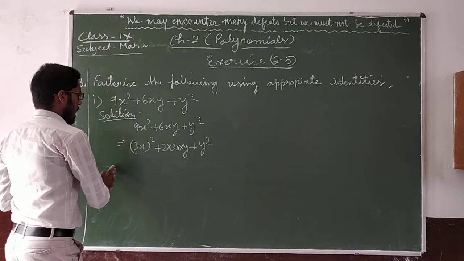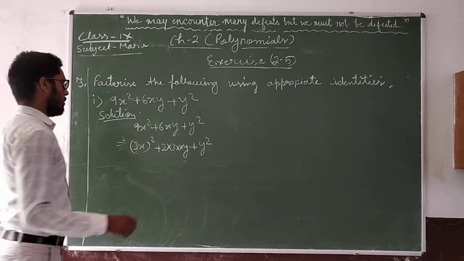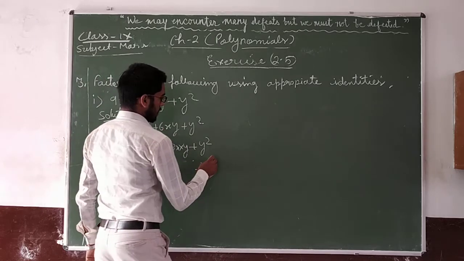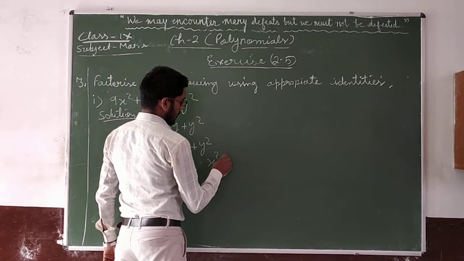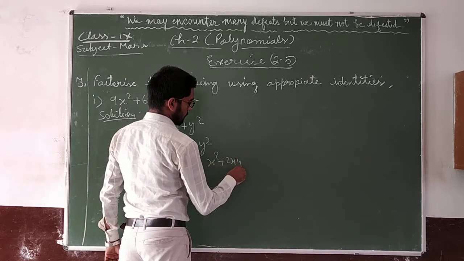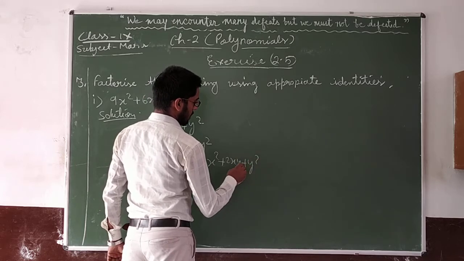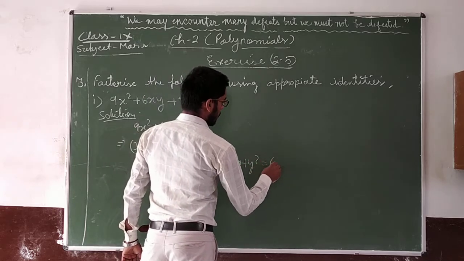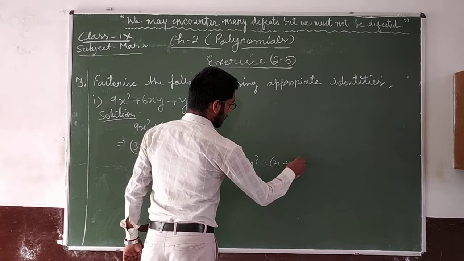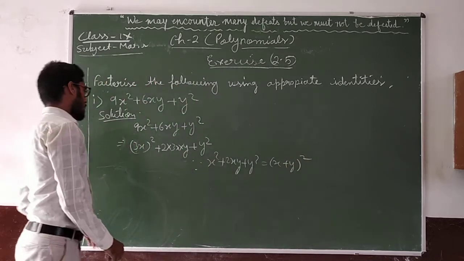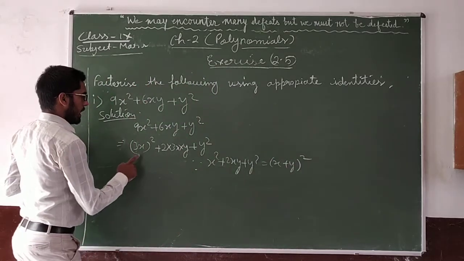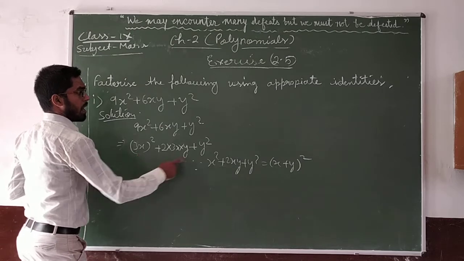So this is a kind of identity. Which identity is that? x square plus 2xy plus y square is equal to the whole square of x plus y. So you can write here x is 3x and y is y.